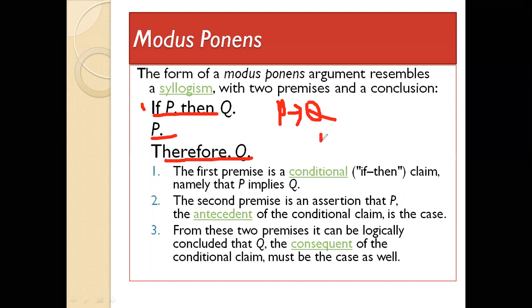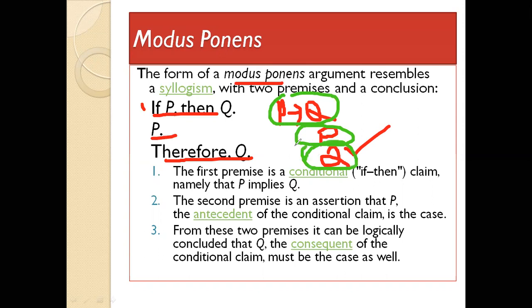Now we see that P happens, meaning it is found that P is happening. Then due to the modus ponens rule, we will directly say that Q is also happening. There is no negation in front of them. I'm repeating it again: if P implies Q is given, and also it is given that P is happening, then according to modus ponens, Q is also happening. That is the modus ponens rule.